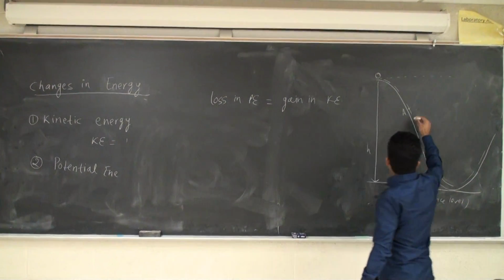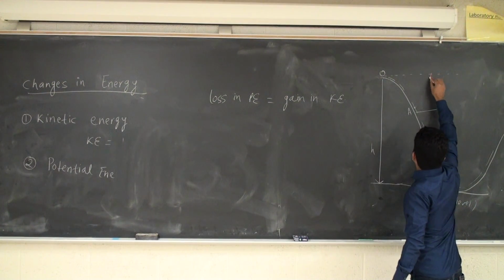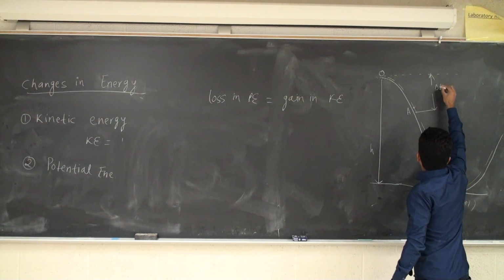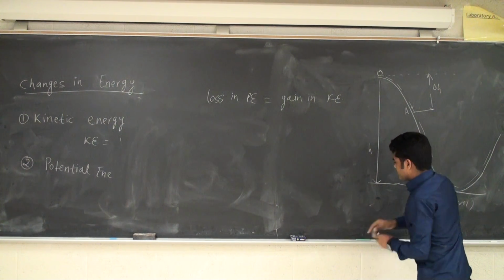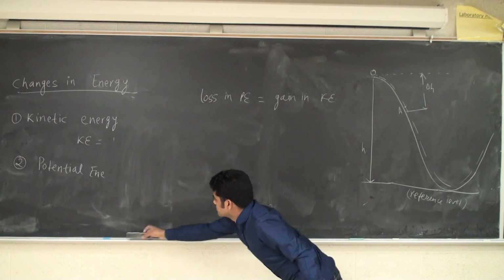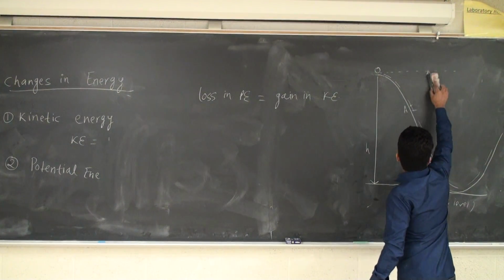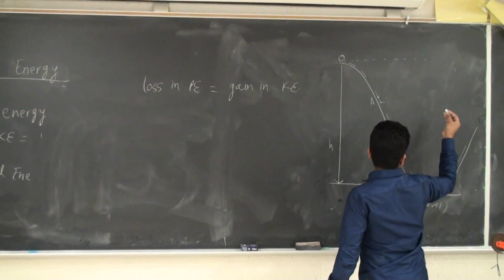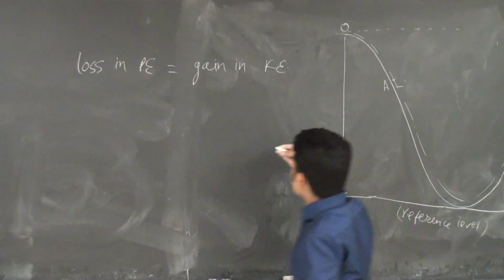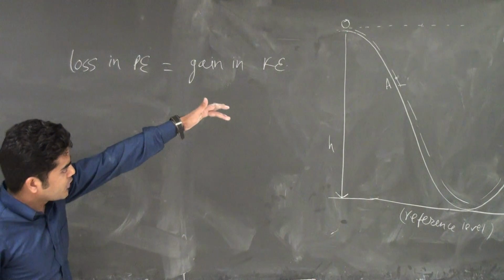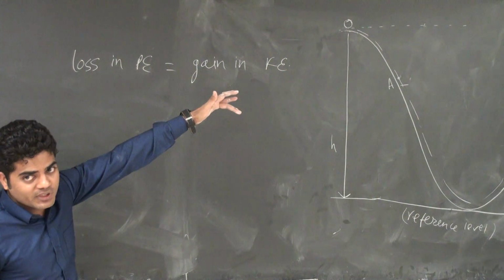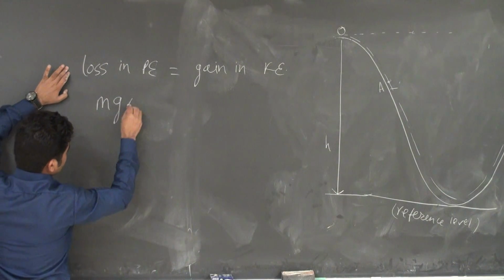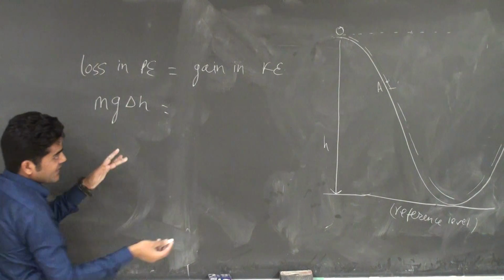Let's assume this is point A, and this is the height del S. When the object is at point A, it loses potential energy, right? The loss in potential energy is equal to mg del S, and the object gains kinetic energy.